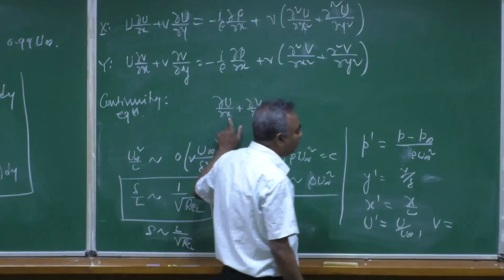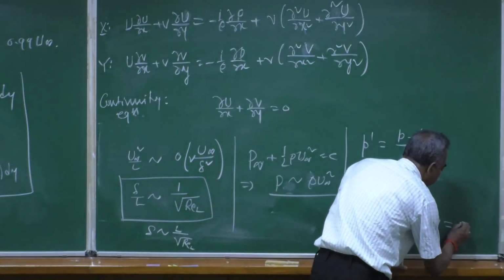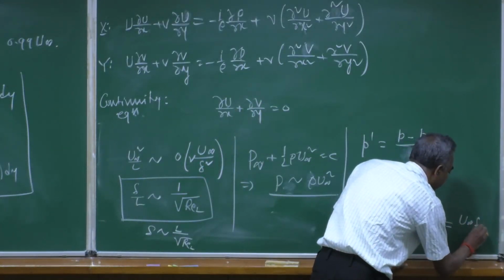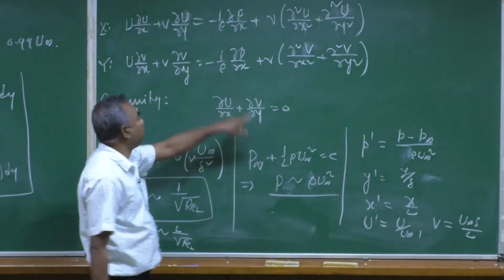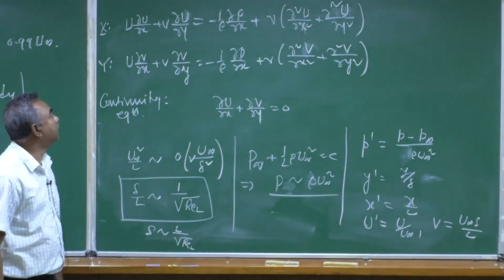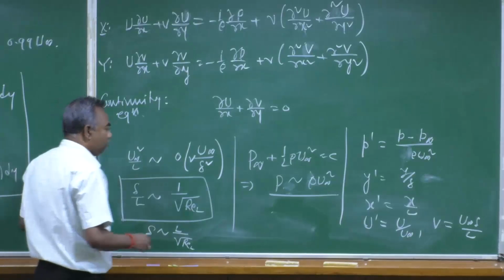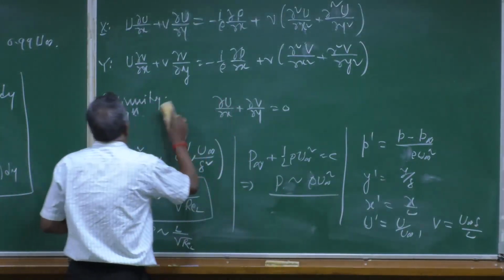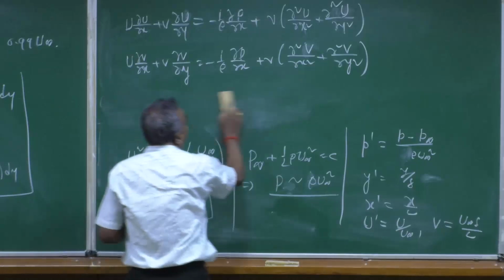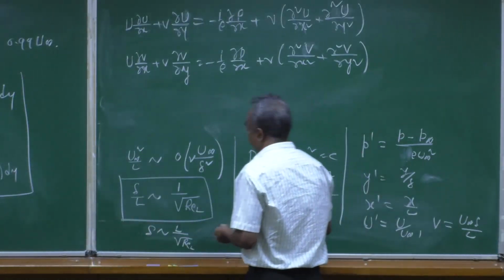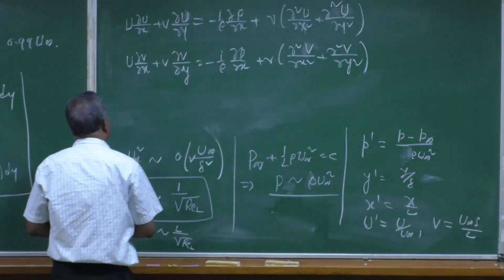If you find the scale for v, it is going to be U infinity delta by L. With these scalings, if you go ahead with the non-dimensionalization of this particular equation, I am not doing this exercise, considering that I am just giving a brief overview of what we already learnt about this technique.